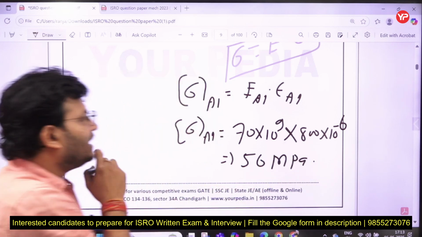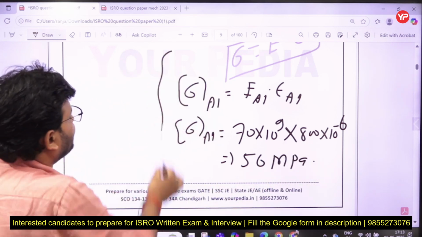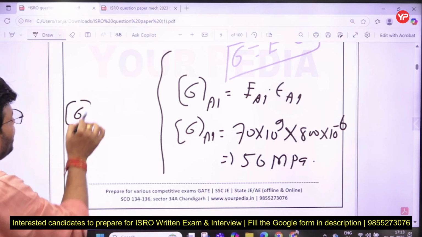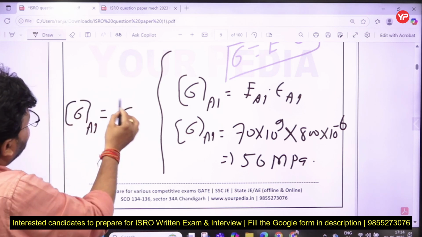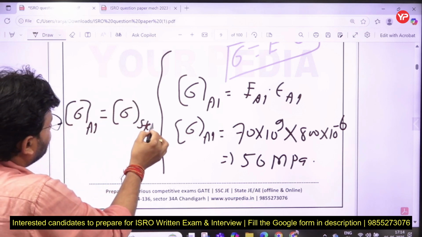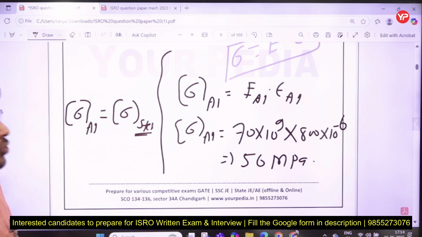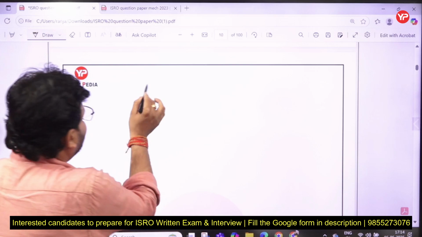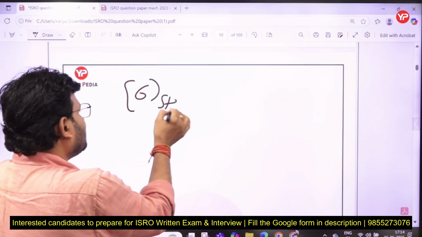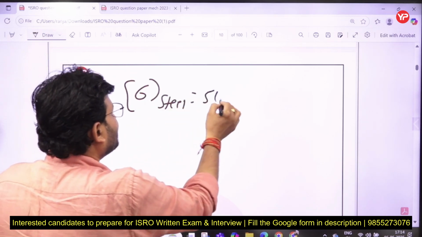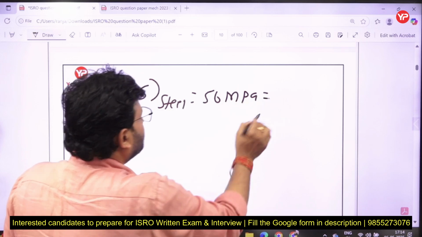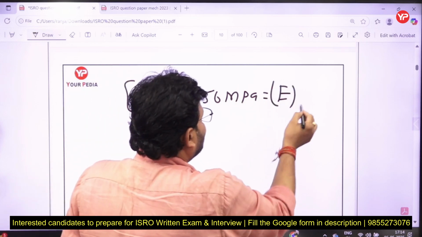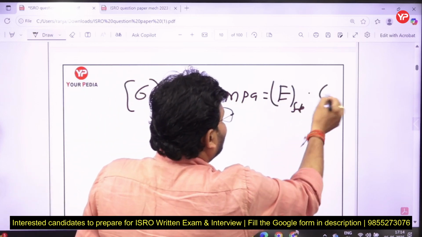Since both are the same, the stress developed in the aluminum will be equal to the same stress developed in the steel. That means the question becomes easy. So the stress developed in the steel is 56 megapascal, which equals E of steel times epsilon of steel.